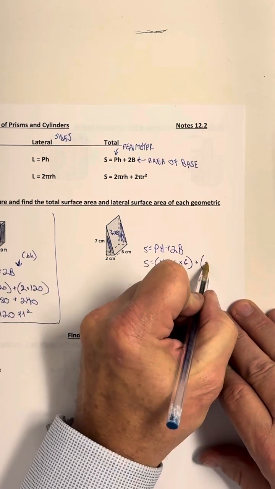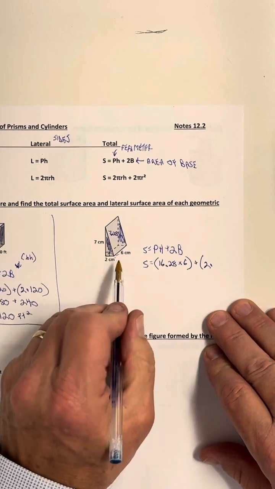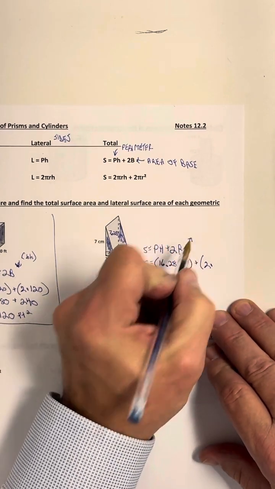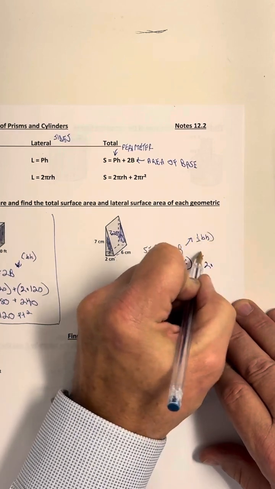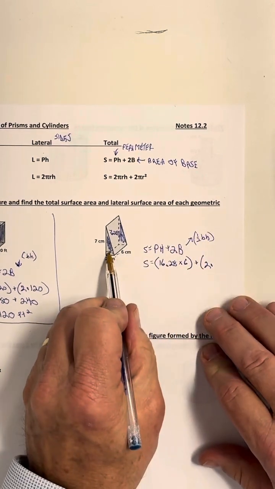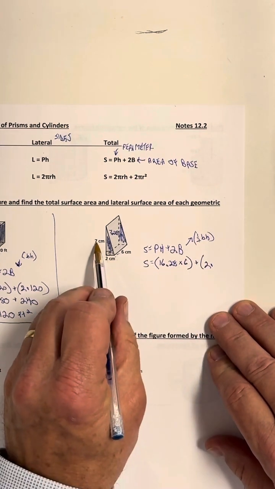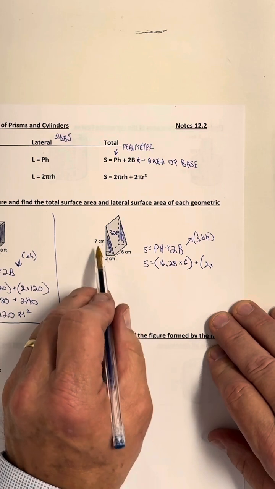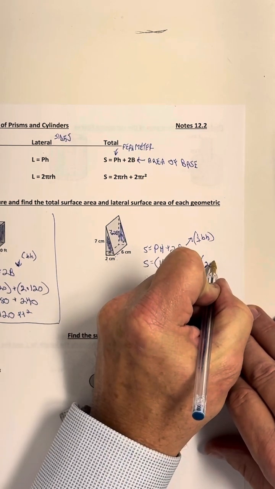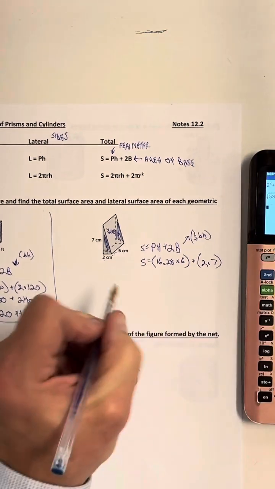Plus 2 times, now the type of base, this is a triangle. It's just a regular triangle, so in place of B, we put 1/2 bh. So the area of the base would be 1/2 times 2 times 7. Half of 2 is 1. 1 times 7 is 7.